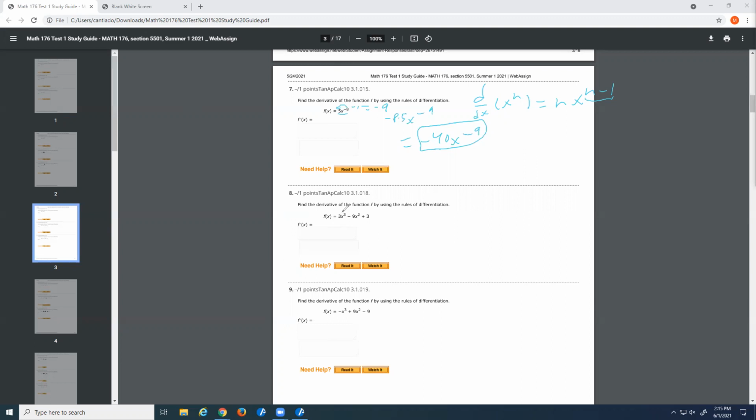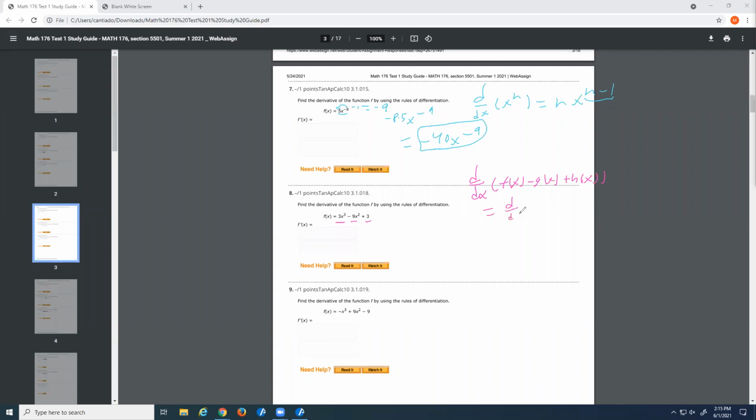These are similar to some previous problems, except now we just have some functions being added and subtracted from each other here. We can use the exact same rules, because with derivatives, if you have a few functions, say we want to take the derivative of some f of x minus g of x plus h of x, we can kind of distribute the derivative.